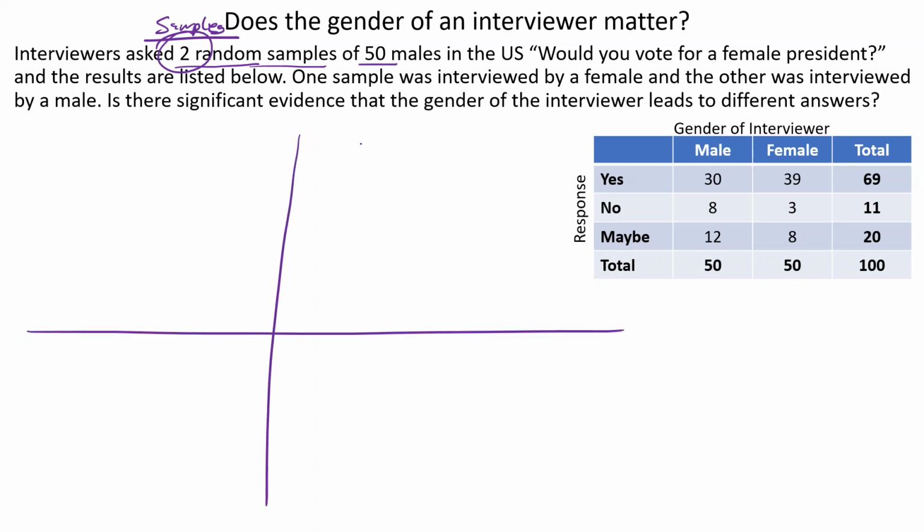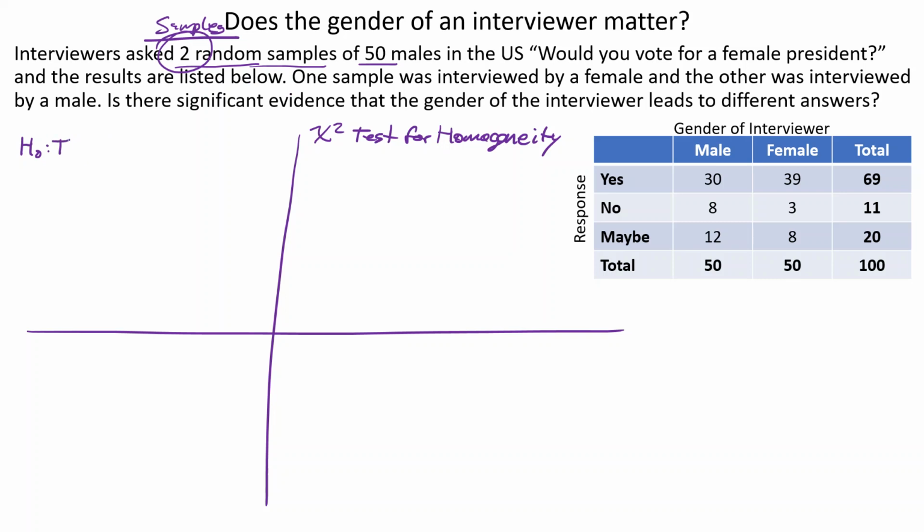Let's see if I can just fit it over here. So this is the chi-squared test for homogeneity. All right, so we want to know, do these samples have the same response, homogeneity? All right, so we want to write our null hypothesis, and we're looking to see is there a difference between what people say based on their gender.